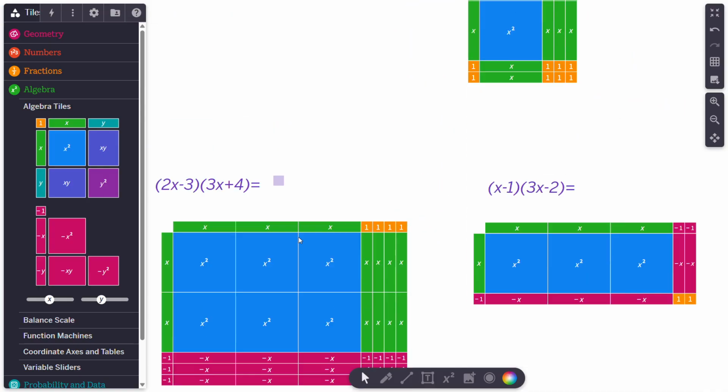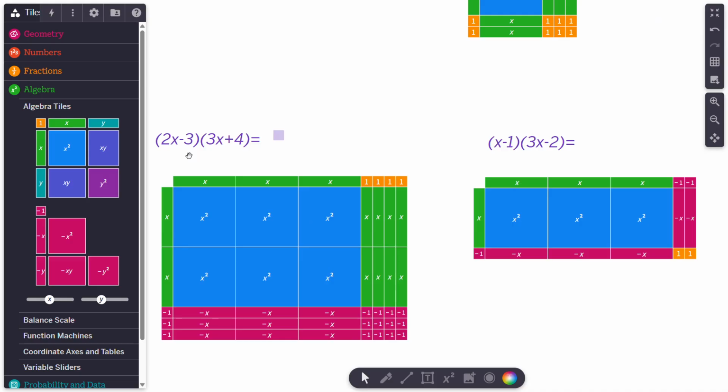Now for this one, it's the quantity 2x minus 3 times the quantity 3x plus 4.